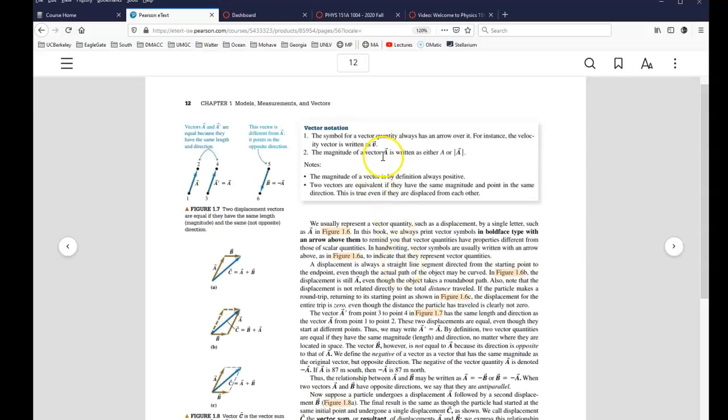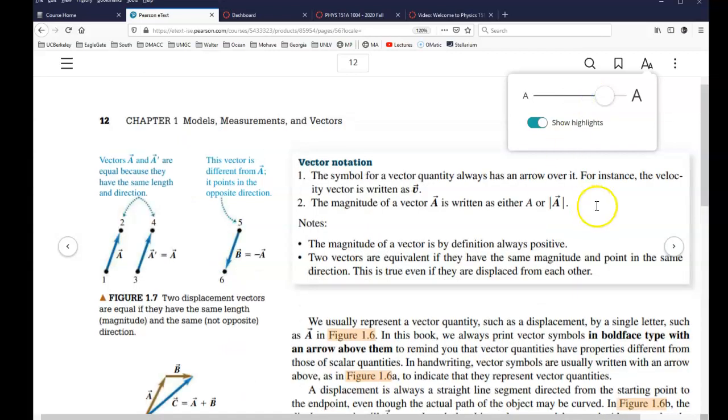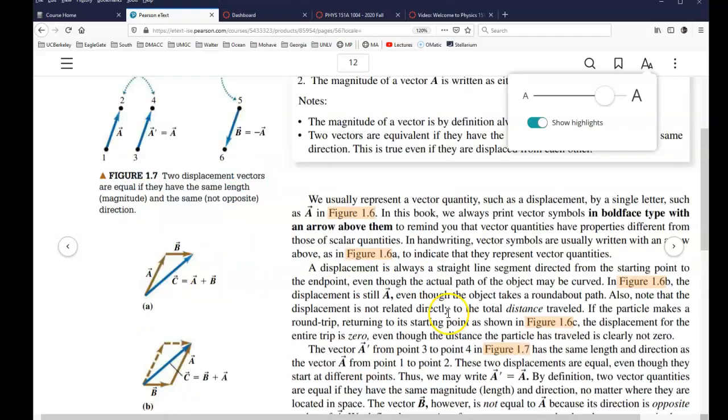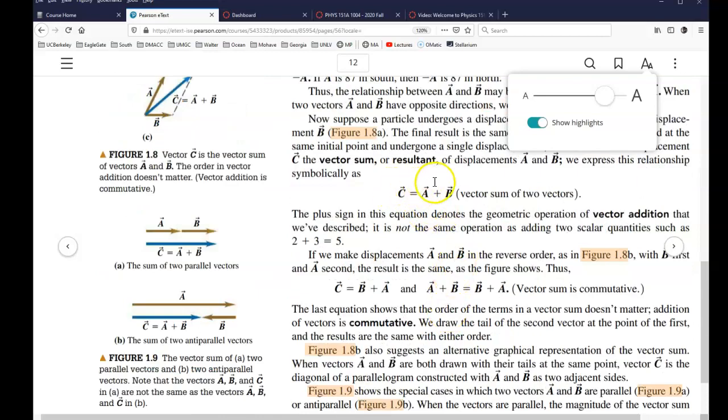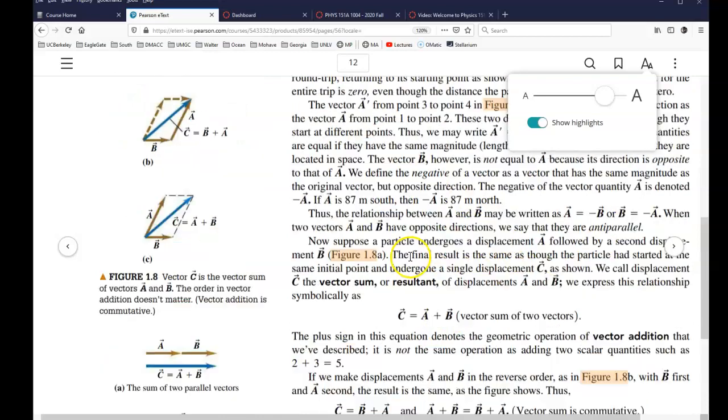Oh yeah, there is an arrow. See the arrow right there? The arrow here is a vector. In some books, it's actually two things: an arrow and it's written in bold. If it's bold and an arrow on top of it, these are all vectors. You get that?